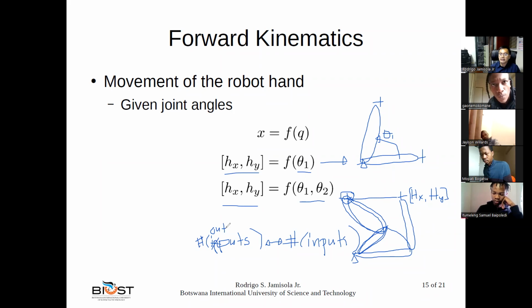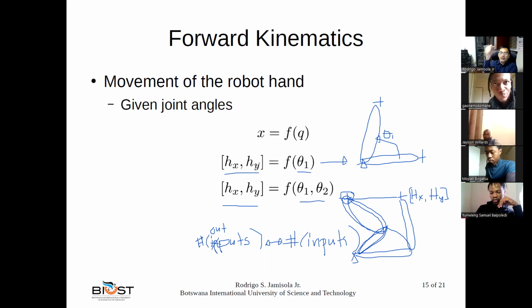In this case, you have two outputs, HX and HY, so you need two joints for the movements of HX and HY to be independent of each other. If you only have one input, theta 1, then the movements of HX and HY cannot be independent. They're coupled.